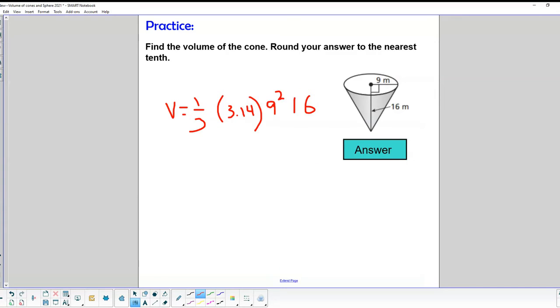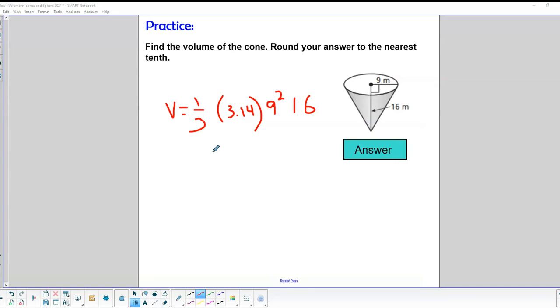I'll grab our calculator. We're going to have 1 divided by 3 equals, times that by 3.14 equals, times that by 9 squared, and that equals, and lastly, times it by 16.